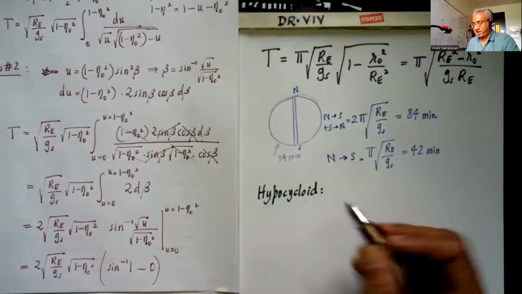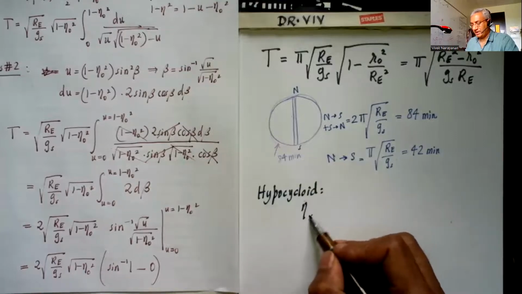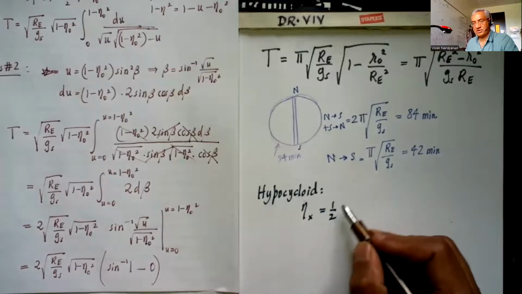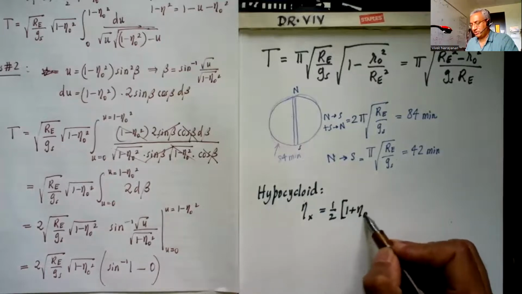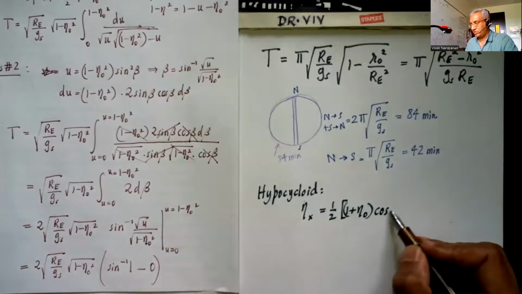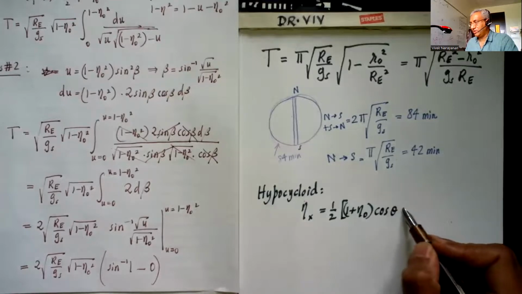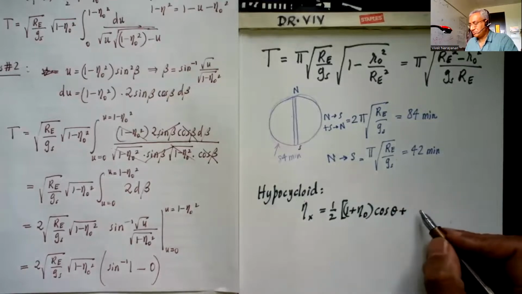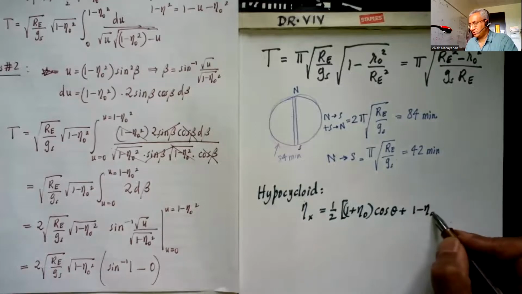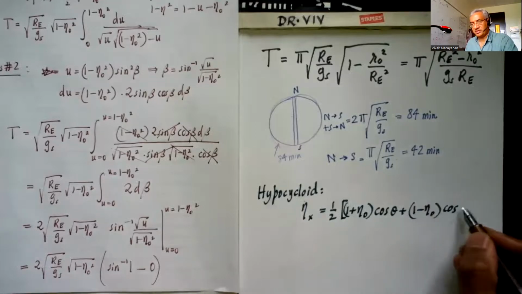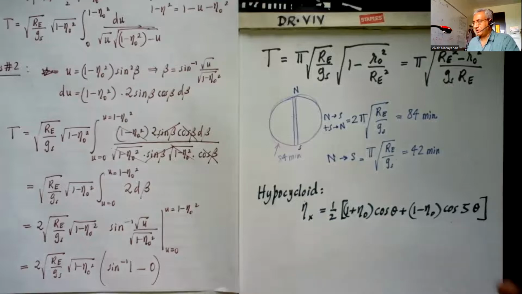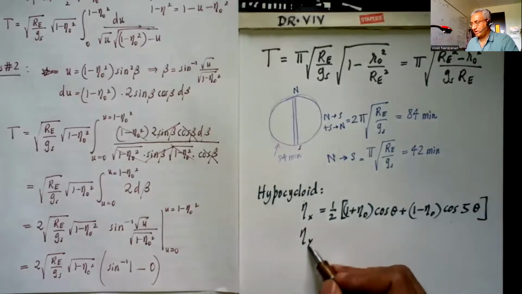The hypocycloid's parametric equations are as follows. Eta x is half of (1 plus eta naught) cosine theta plus (1 minus eta naught) cosine zeta theta. I'll tell you what zeta is.